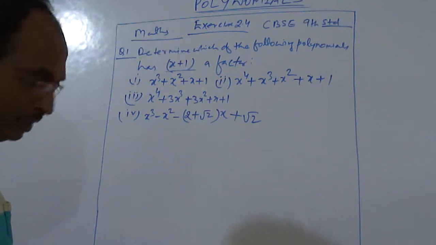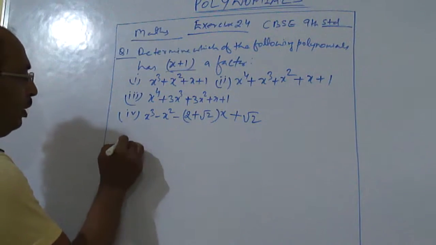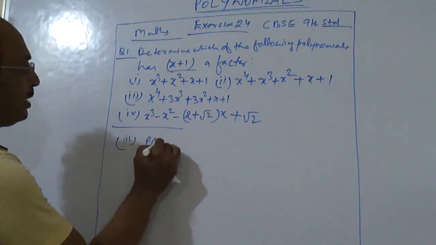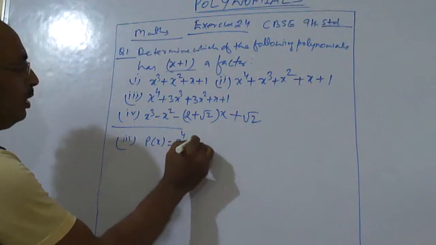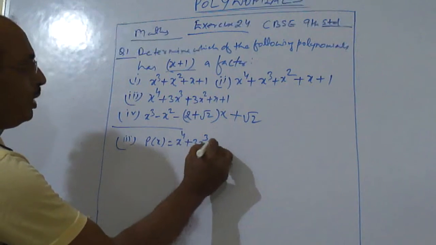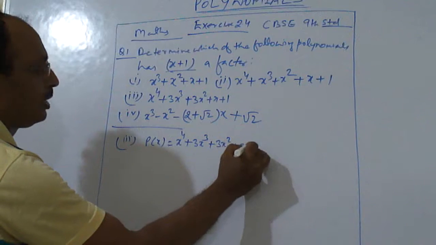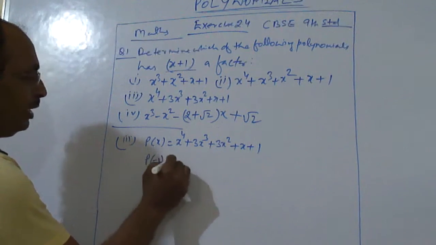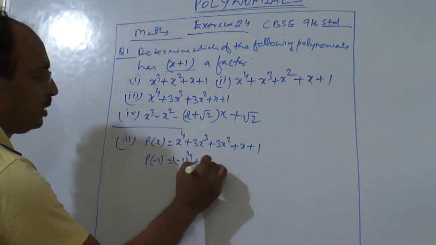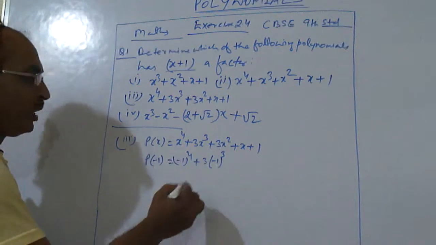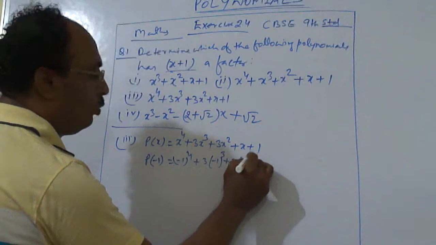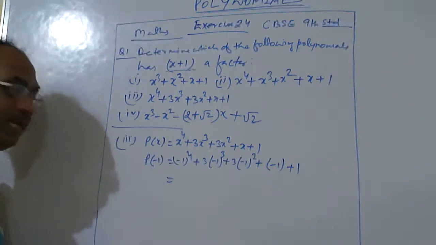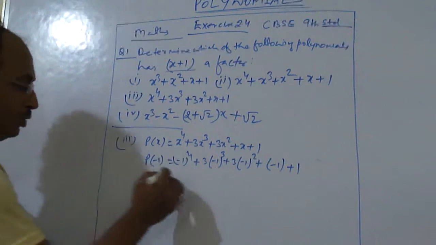Right. Now we will go for the third one. So again p(x) is equal to x to the power 4 plus 3x cube plus 3x square plus x plus 1. Again we are going to put the value x equal to minus 1 here. So minus 1 to the power 4 plus 3 into minus 1 to the power cube plus 3 into minus 1 to the power square plus minus 1 plus 1. Tell me, minus 1 to the power 4 is plus 1, very good.